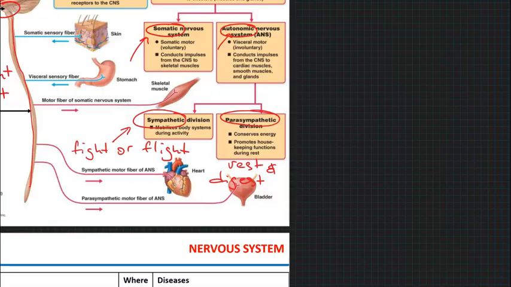The light blue is going to be sensory stuff. That makes sense? So everything that's going to be in blue is going to be about sensory. Green stuff will be integration stuff.